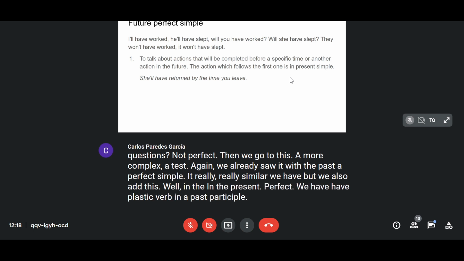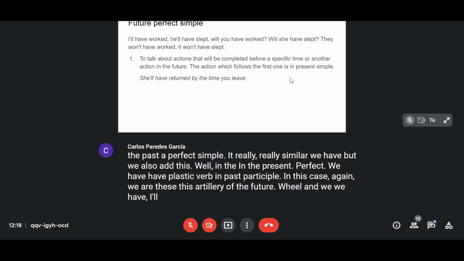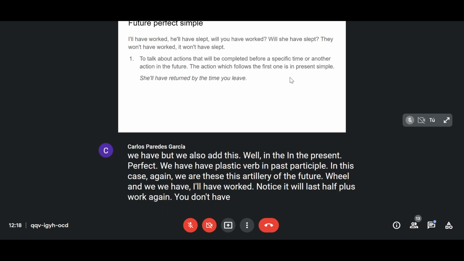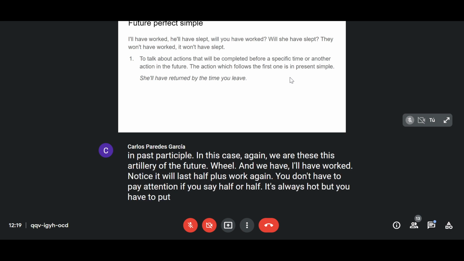In this case, again, we add this auxiliary of the future, will, and we have I'll have worked. Notice will plus have plus work. Again, you don't have to pay attention to whether you say has or have. It's always have, but you have to put the auxiliary will.